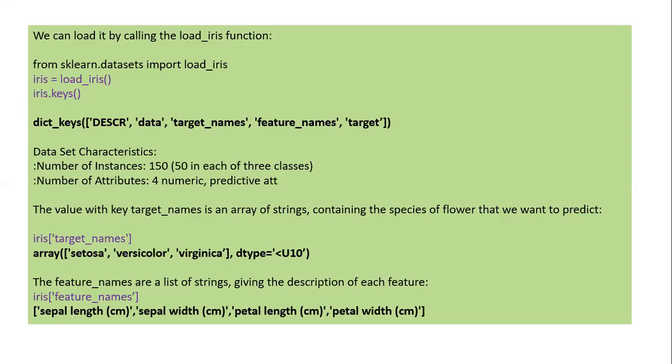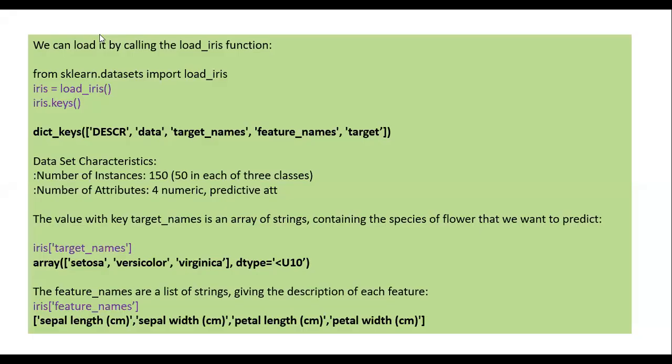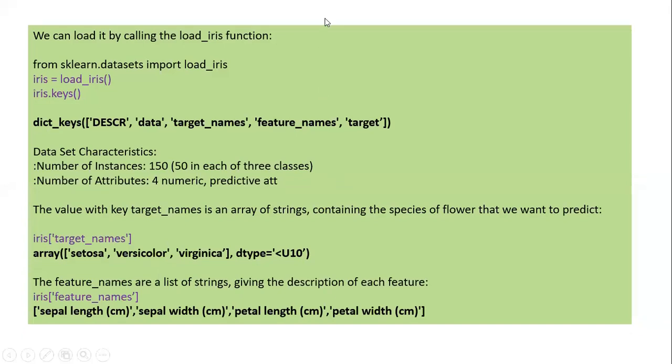iris.keys shows the keys, the column heads you can say, like data and target, the feature names, etc. All right, how about we copy those and put them in our Anaconda notebook?